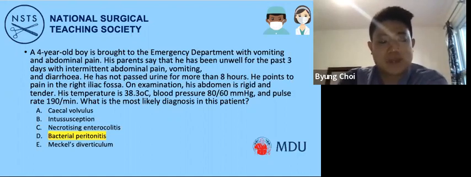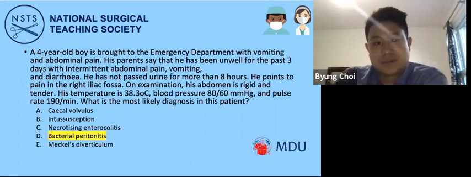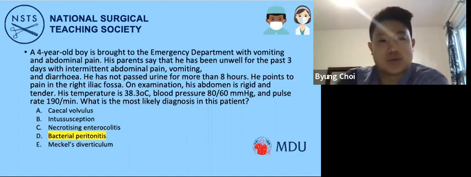All right. He's also, you're thinking, could this be sepsis too? Because he's got a temperature of 38.3 and a low blood pressure and a sky-high heart rate. Now, of course, he's a 4-year-old boy, but even by pediatric ranges of vital signs, that's pretty low and high in terms of a heart rate of 190.